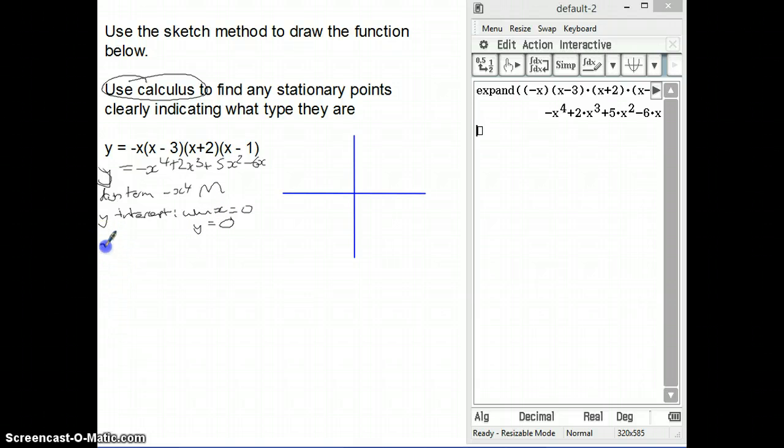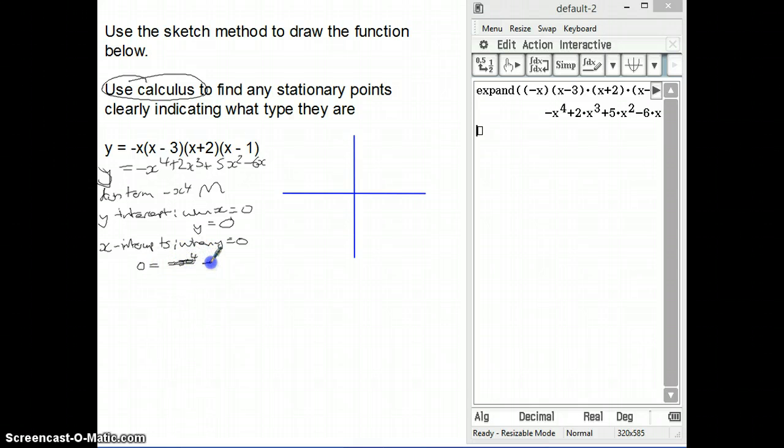The x-intercepts, or zeros, they are when y is equal to 0, and that means you have to solve 0 equals negative x to the 4 plus 2x cubed plus 5x squared minus 6x.